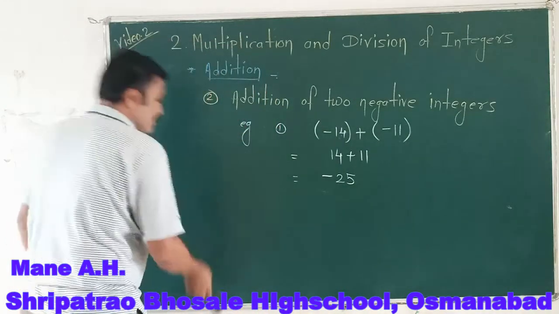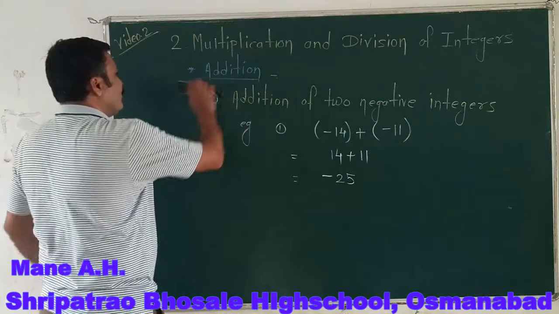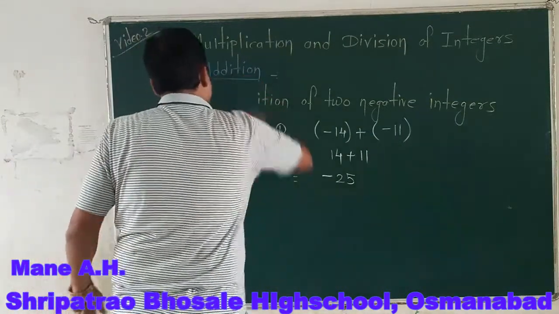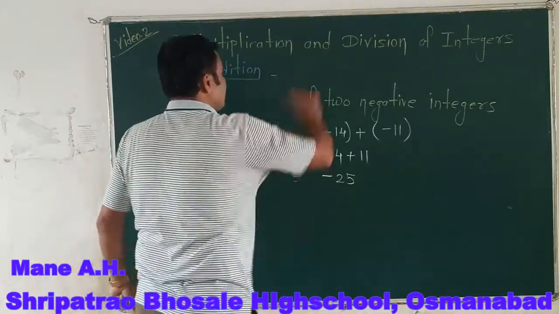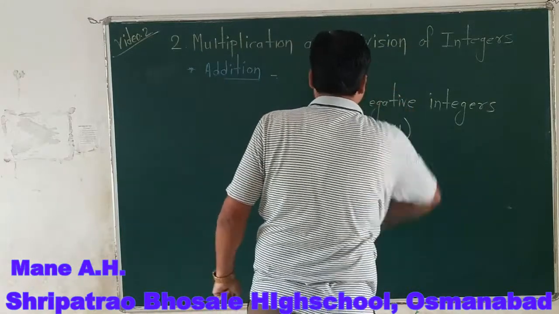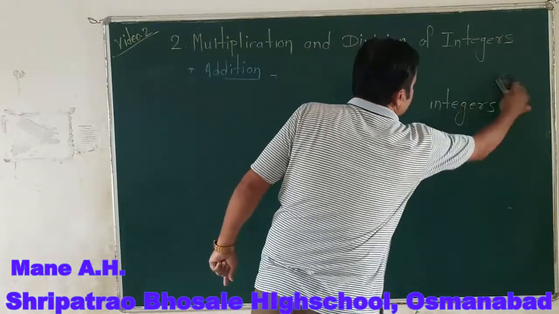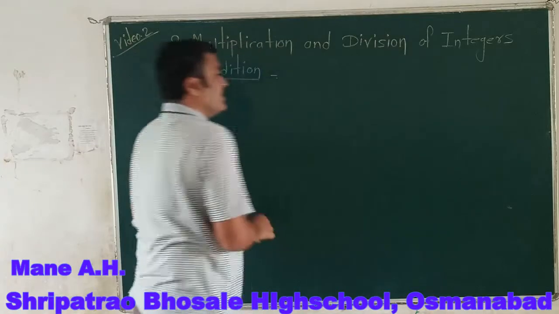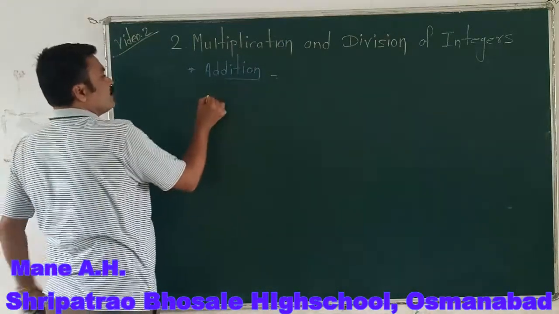Thereafter, this second condition done, now we follow the next third condition, that is the mixing of positive and negative integers. So that's why here I want to take the third condition.